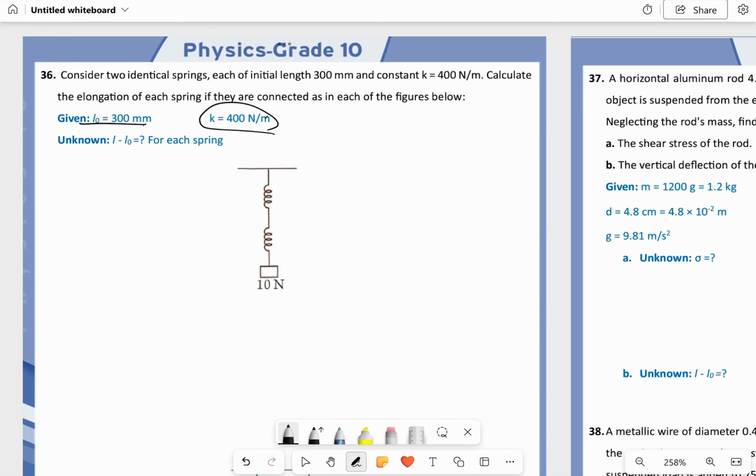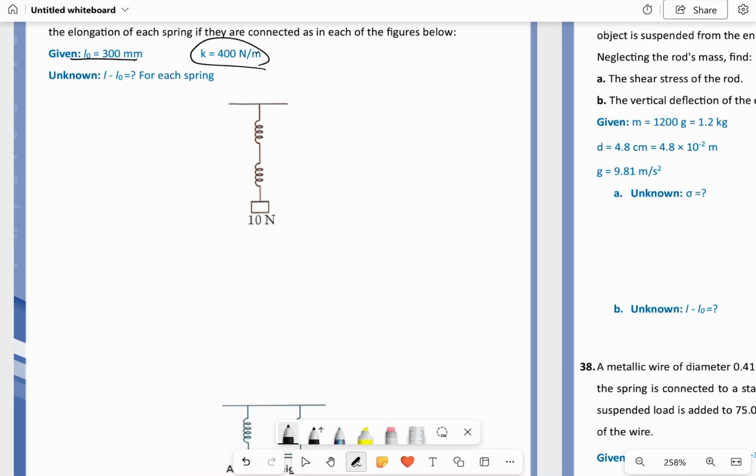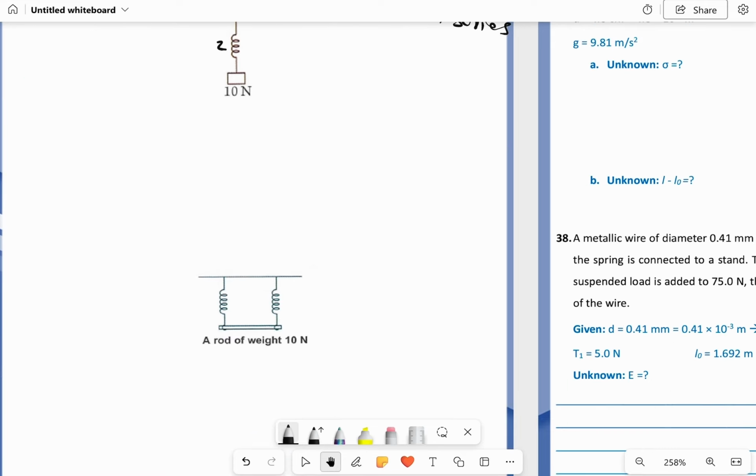Now the first one is connected in series. You see this is a series: 1, 2, this is the first one and this is the second one. This one is parallel.